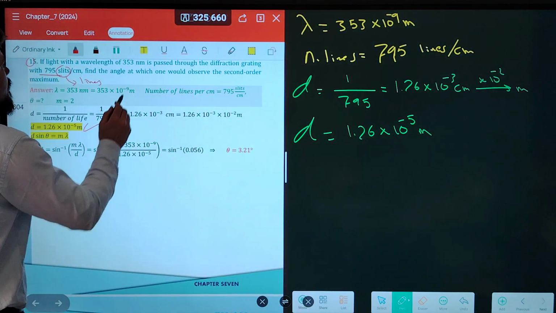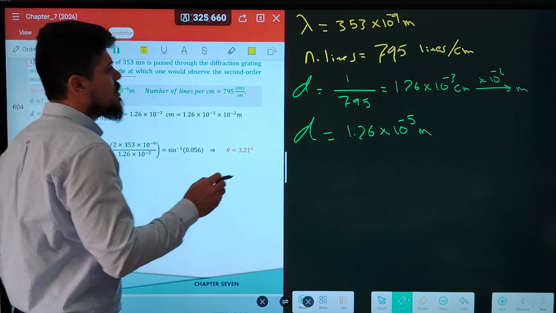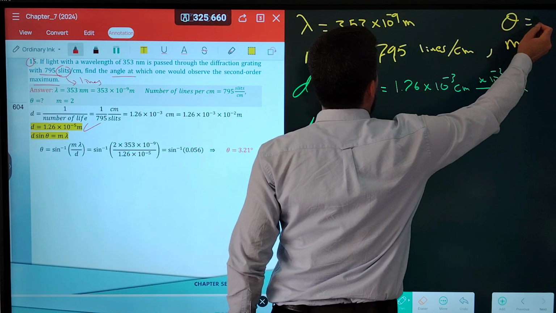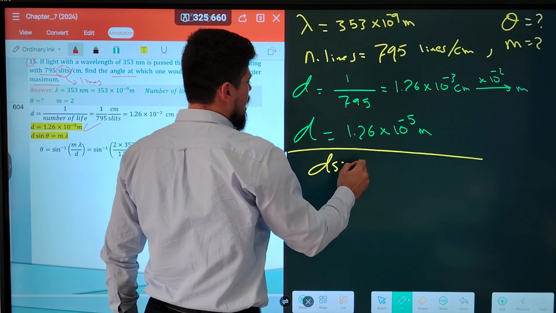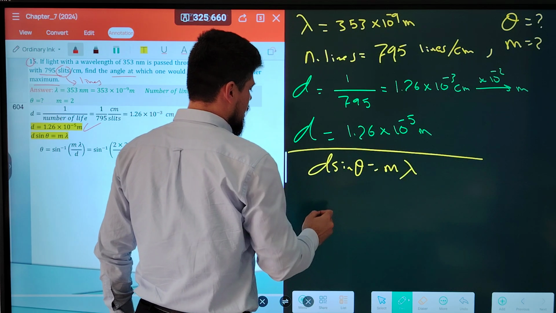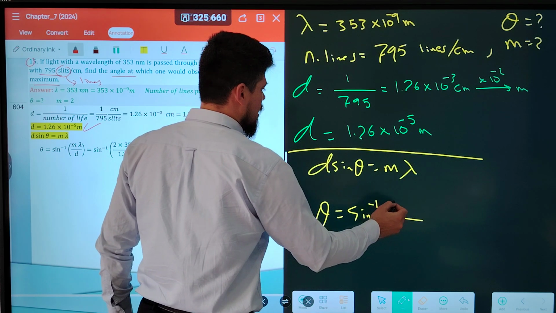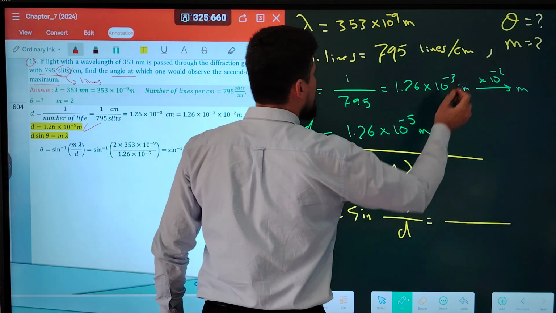This is D. Find the angle at which one would observe the second order maxima. Second order maxima, m is equal to 2. Find the angle. It's very easy. D sine theta equals m lambda, so theta is equal to sine inverse of m lambda over D. Do we have m, the order number?